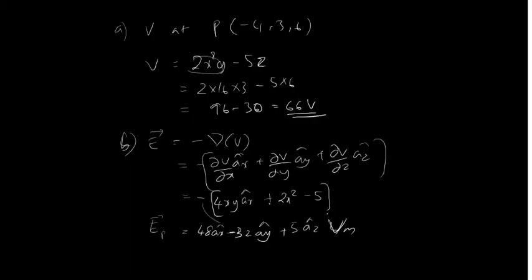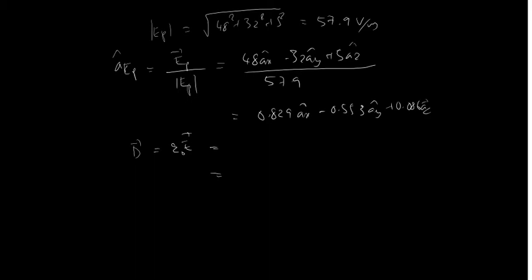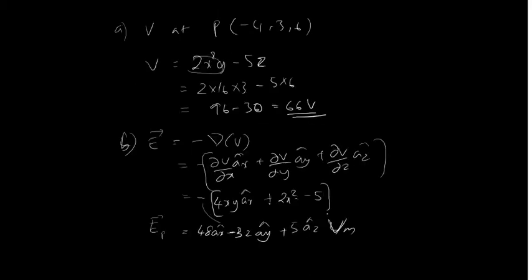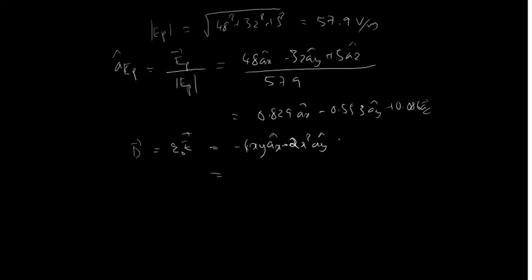So we have E is equal to minus 4xy ax cap minus 2x square ay cap plus 5 az cap, right?